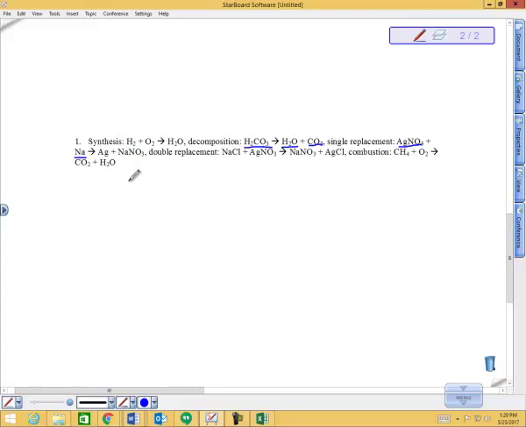It's more reactive. Yeah, silver's down at the bottom. So then you're going to have a single replacement work. So the lone element has to be higher in reactivity, and it is. So then they're going to switch places, and silver has a +1 charge, and sodium has a +1 charge, so they both are +1, so it was like a perfect swap out.